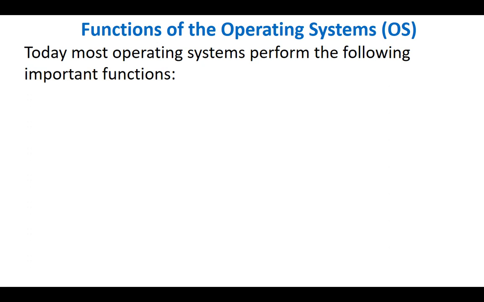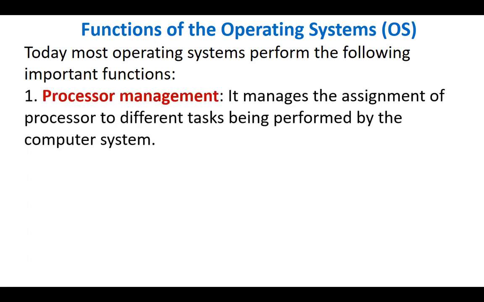The processor, the way it's designed, is just a chip that cannot control itself. So the operating system is the one that is there to manage the processor and allocate it to different tasks being performed by the computer system.